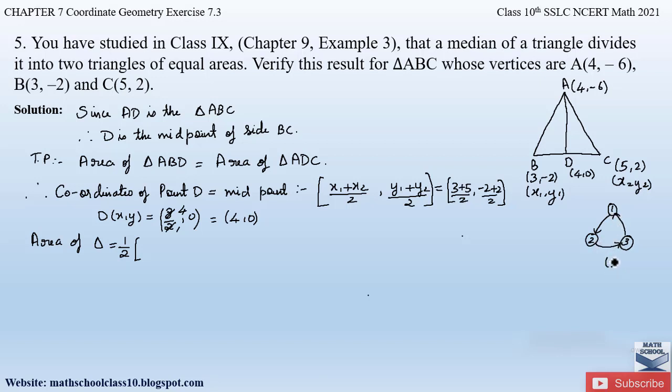Since a coordinate is given by (x, y), we will take x1 first, into (y2 minus y3). Similarly, now we take x2 into (y3 minus y1). You have to move in the cyclic order only. Then we will take x3 into (y1 minus y2). So this is how we remember this formula without any mistakes.